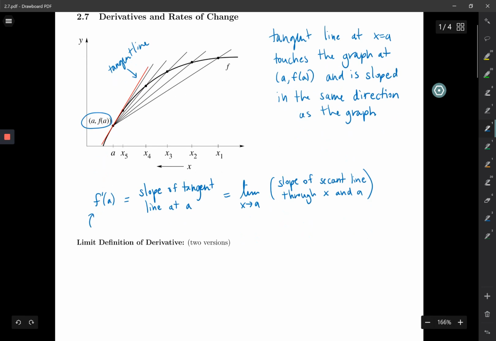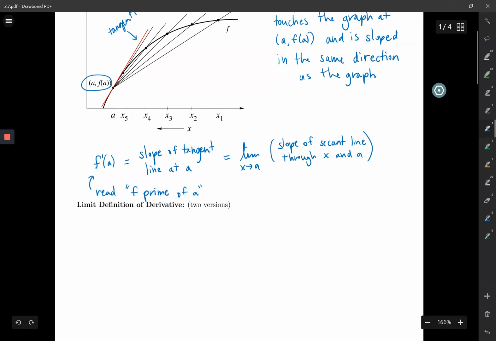Okay, and then this you read f prime, so that little apostrophe you read as prime, of a, right? And so this is the notation, and this is actually going to be the derivative. So whatever value we get out of this limit is going to be the derivative at a.